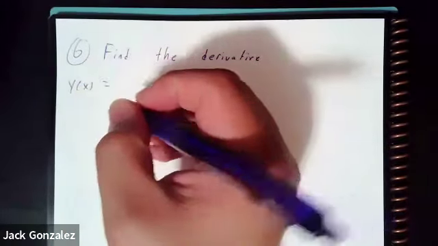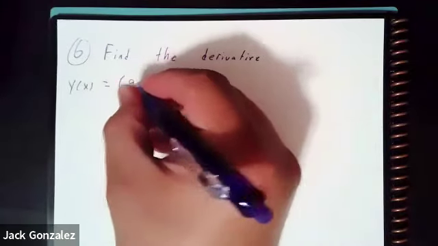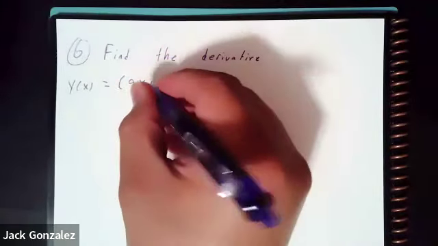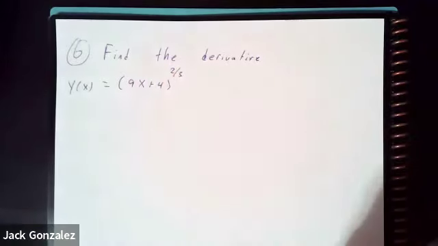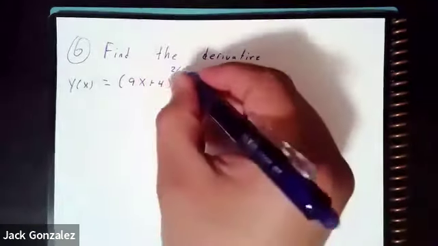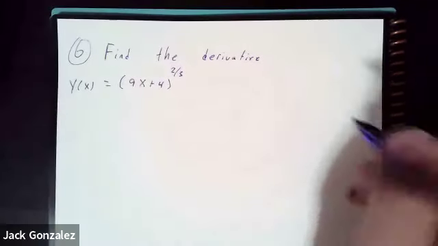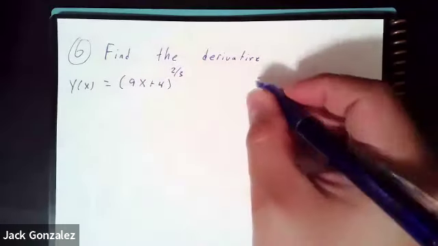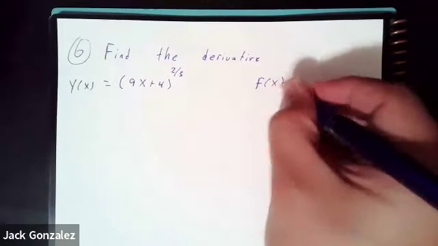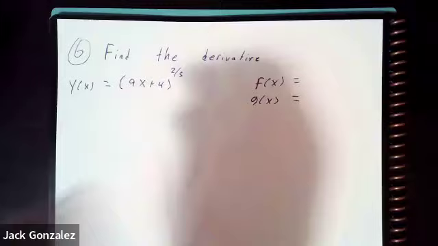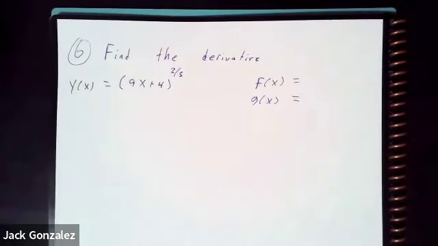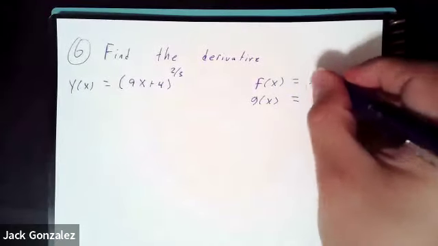Okay, it's number 6. Similar to the last one, just slightly different. Pretty much, it's technically the same. So what do you guys think is the outer function, and inner? x to the 2/3. Yeah, x to the 2/3 is the outer.